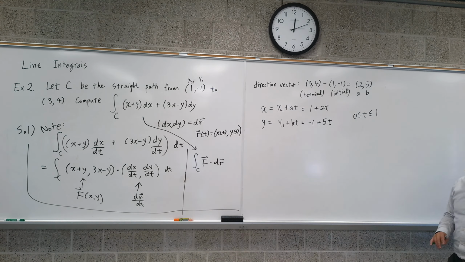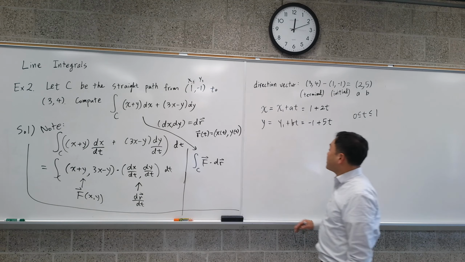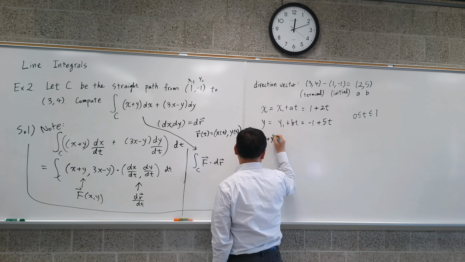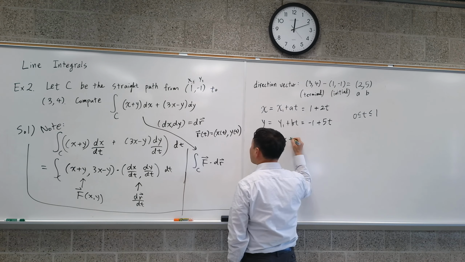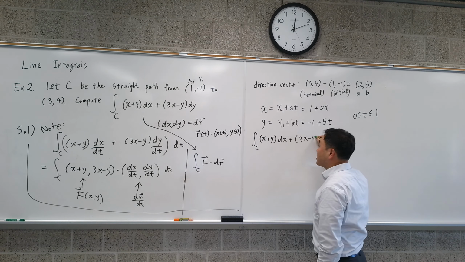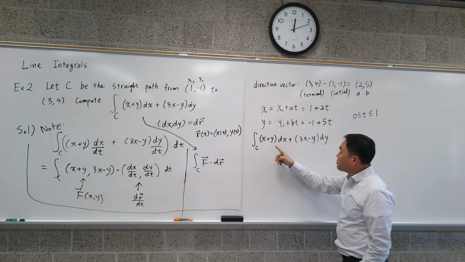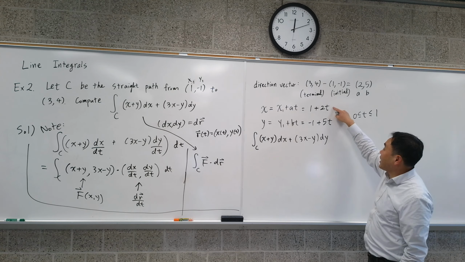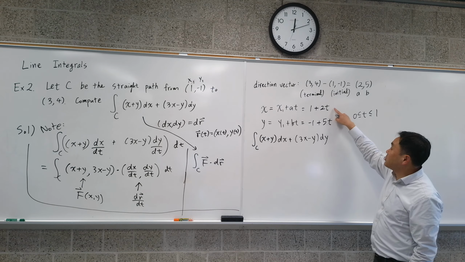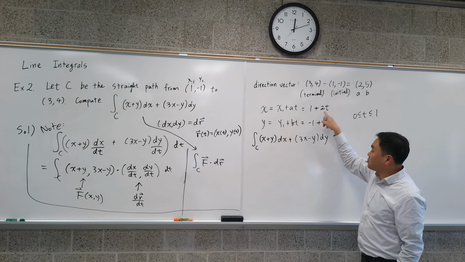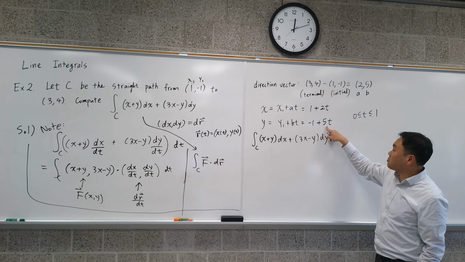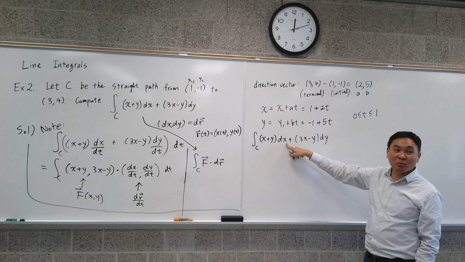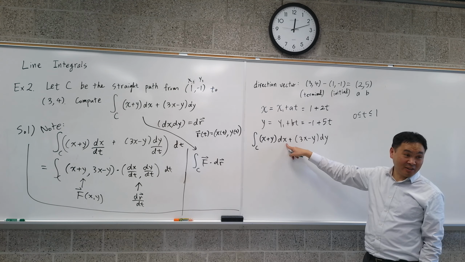And therefore, now we can calculate the integral over c of x plus y dx plus 3x minus y dy. Remember, these are the components of the vector field, but we are evaluating those at these locations, right? So your x will be replaced by 1 plus 2t, y will be replaced by negative 1 plus 5t, and dx should be written as dx over dt times dt, right?